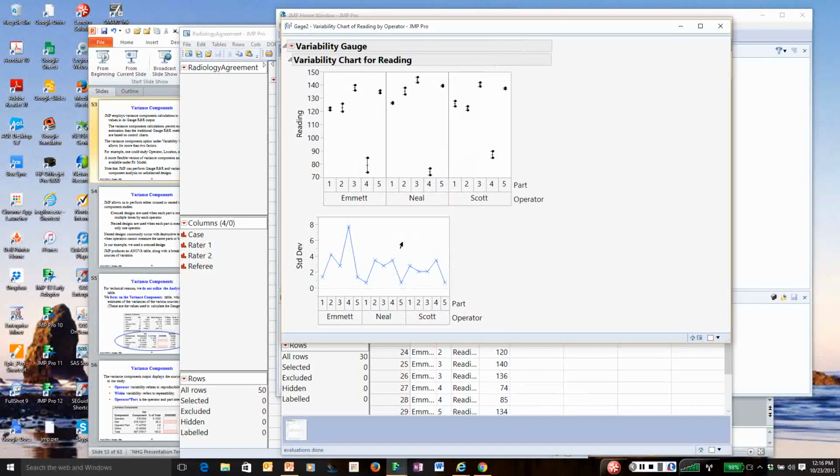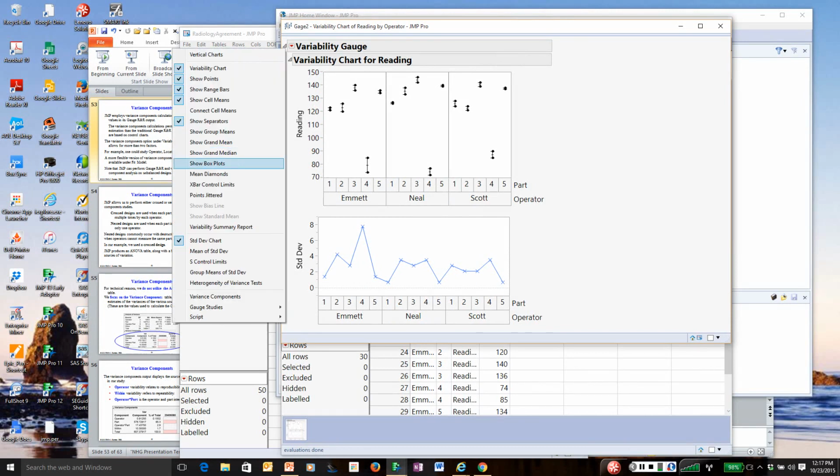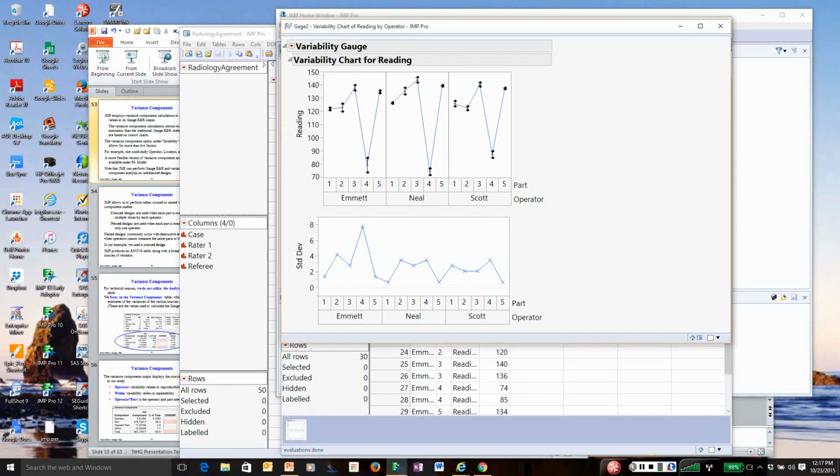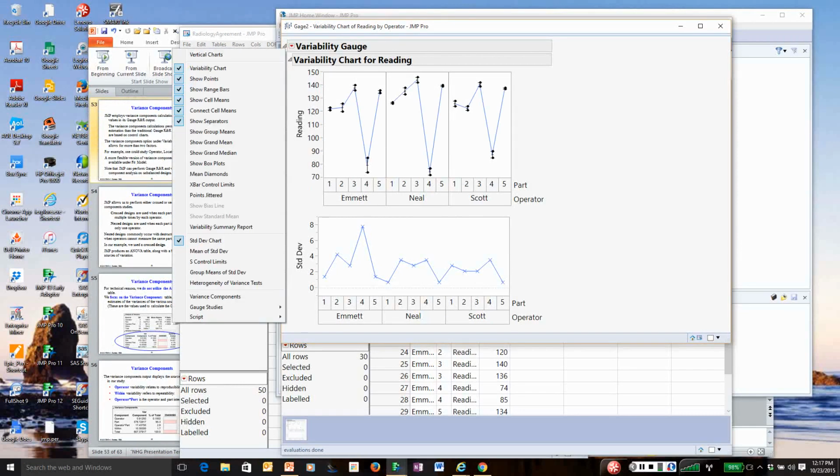And of course we have our standard deviation chart, which could also be called a repeatability chart, since the standard deviations are measuring repeatability of the 2 measurements taken on each part. We like to use the option connect cell means for the visual effect, and I like to show the group means.